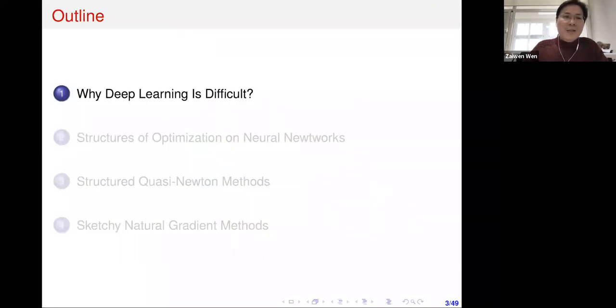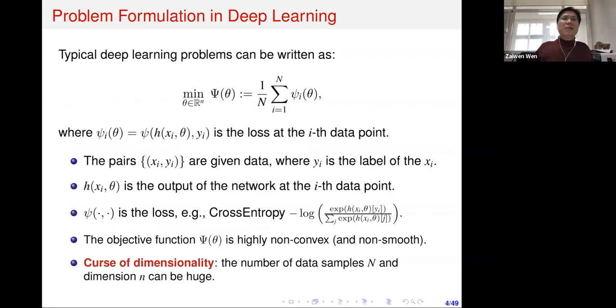So first, let me briefly talk about why deep learning is difficult. A typical deep learning problem can be written as a minimization of the summation of functions.